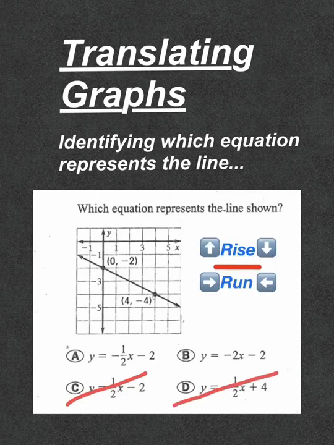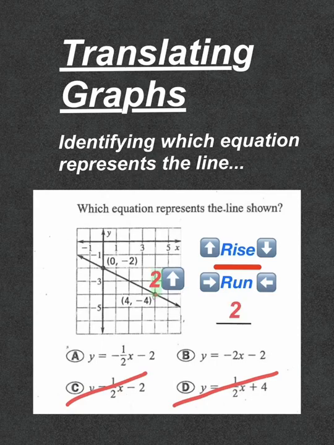So now we have to identify which of these equations have the correct slope. Our two choices are -1/2 and -2. To do this, we are going to use the rise over the run technique since we have a picture and 2 points identified. Step number 1, take the point that is lowest on your line, which is (4, -4).